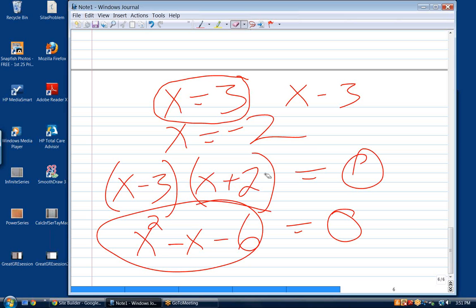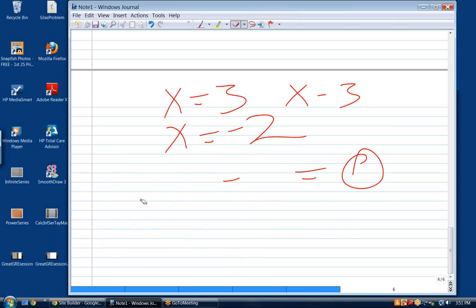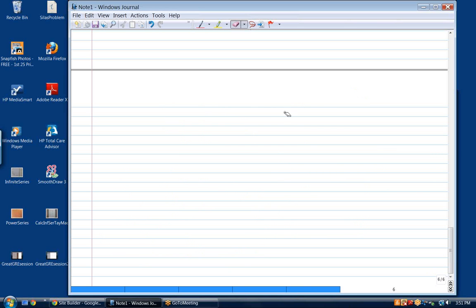Or x plus 2 is equal to 0, therefore x is equal to minus 2. So it's really just going in reverse. Only your problems are probably a little more complicated. They probably give you like 2 plus i or stuff like that.